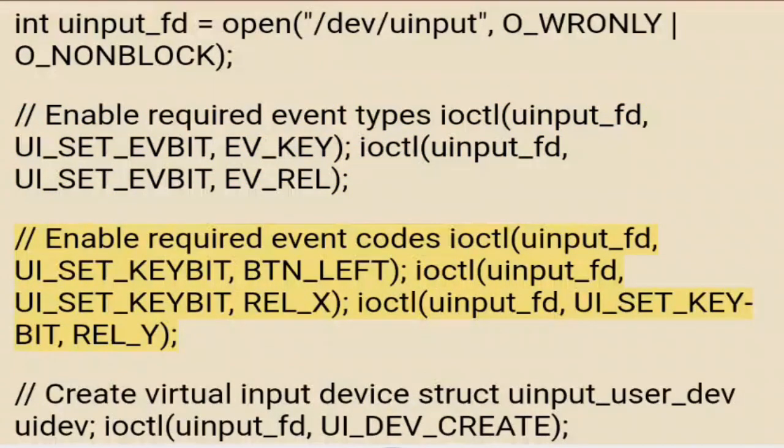Enable required event codes: ioctl(uinput_fd, UI_SET_KEYBIT, BTN_LEFT); ioctl(uinput_fd, UI_SET_KEYBIT, REL_X); ioctl(uinput_fd, UI_SET_KEYBIT, REL_Y). Create virtual input device: struct uinput_user_dev uidev; ioctl(uinput_fd, UI_DEV_CREATE).